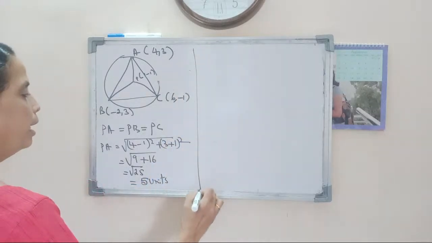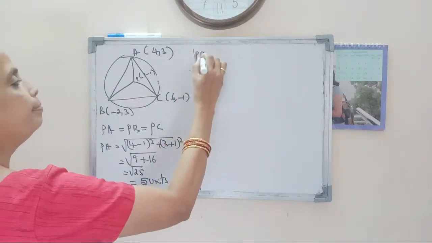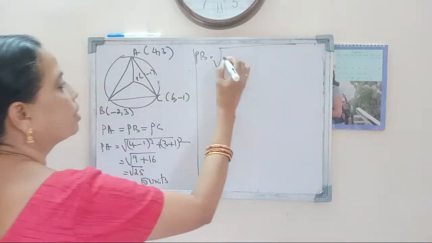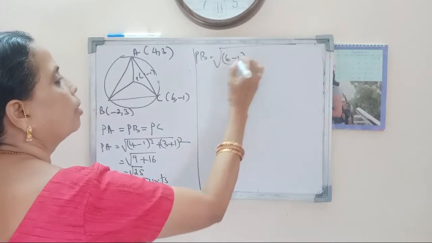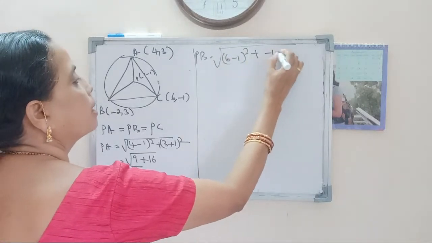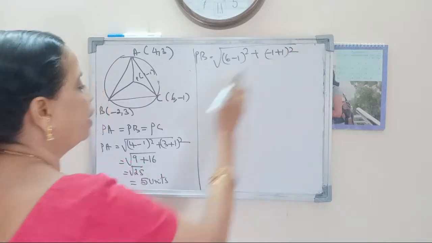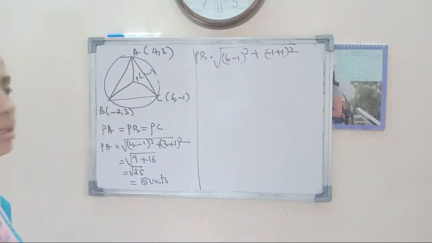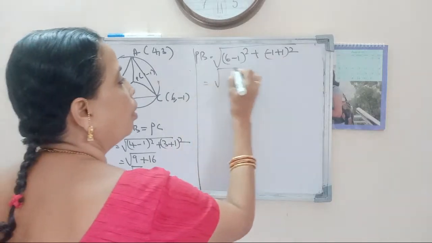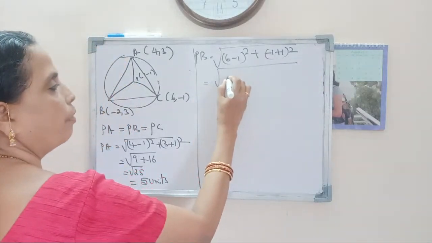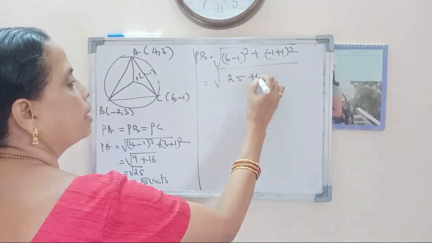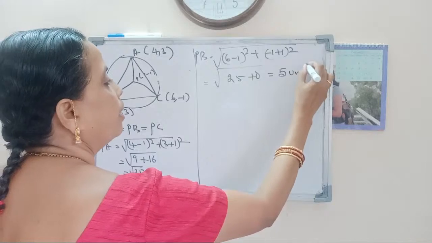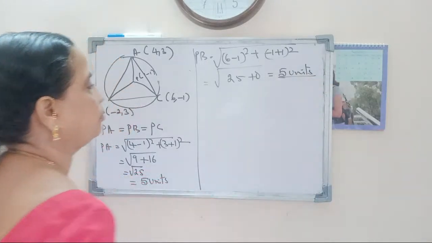Similarly, calculate PB: root of (6 minus 1) whole square plus (minus 1 plus 1) whole square. Root of 5 square is 25 plus 0. Its answer is again 5 units.